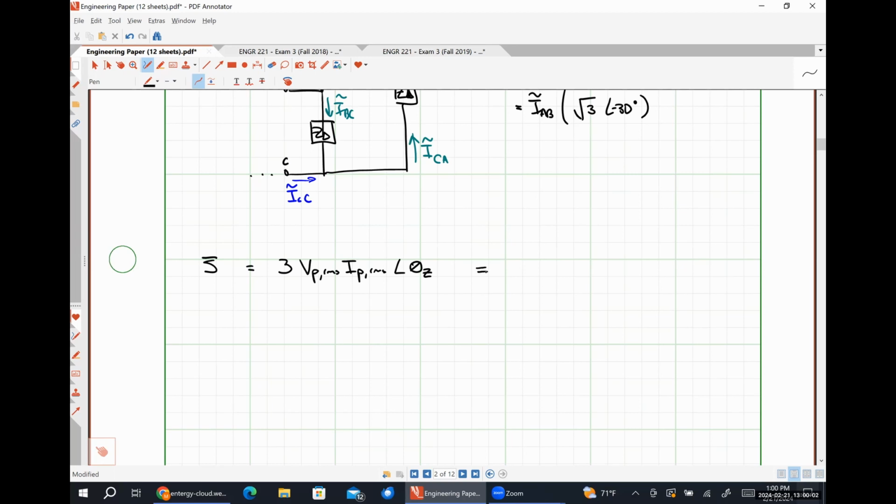And in terms of our line quantities, this looks like √3 VL IL angle theta z.